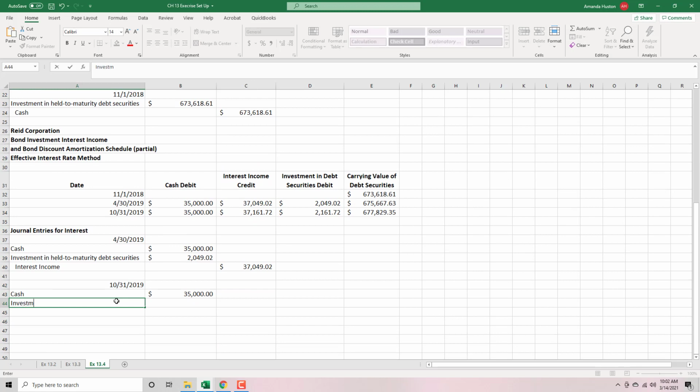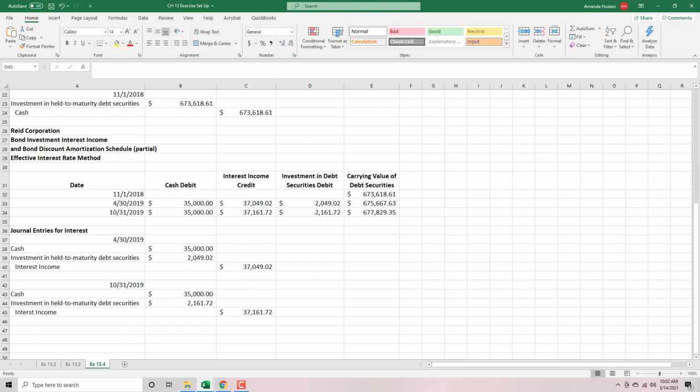So the final part of this is the sale of the bond, which is 11/1/19. They sold the bond, so they received cash of 700,000.